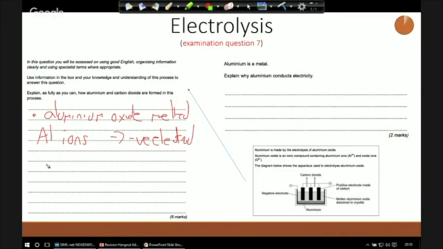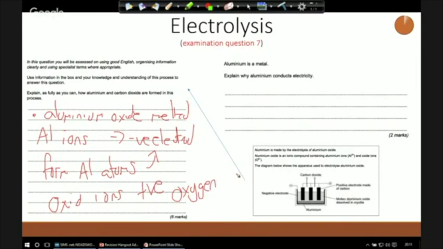We are going to form aluminium atoms at the negative electrode. Two other parts to this. We're going to find that the oxide ions are going to be attracted to our positive electrode, and that's going to form oxygen.